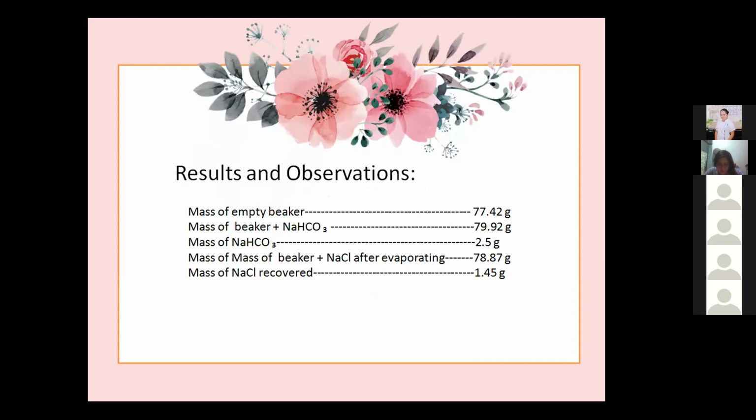For the results and observations, the mass of an empty beaker is 77.42 grams. The mass of the beaker plus sodium bicarb is 79.92.